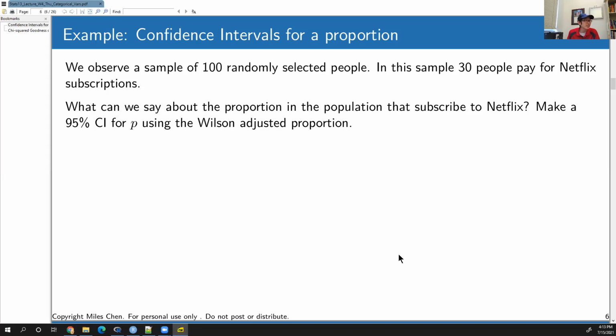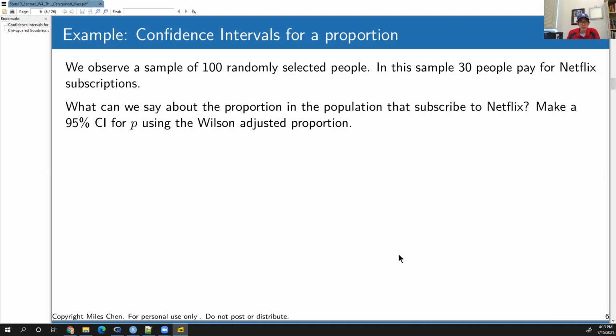That's significantly different from having access to Netflix, because people share accounts. But say 30 people out of 100 said they pay for Netflix. What can we say about the proportion in the population that subscribe to Netflix?